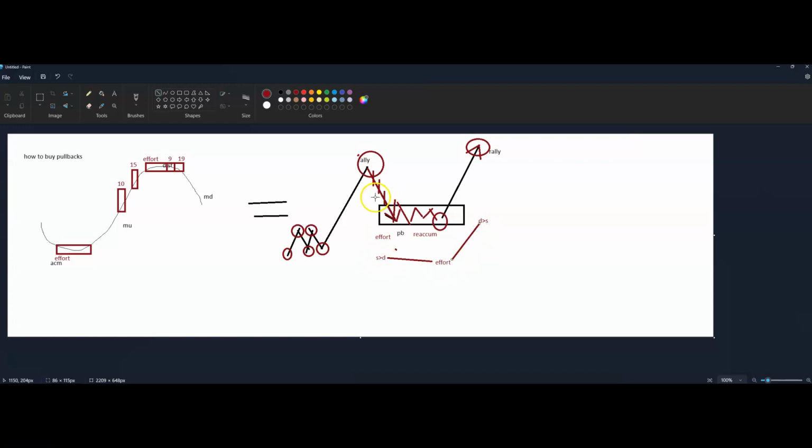So for that relationship of supply, the market going down, to demand greater than supply and the market going up, you have effort.